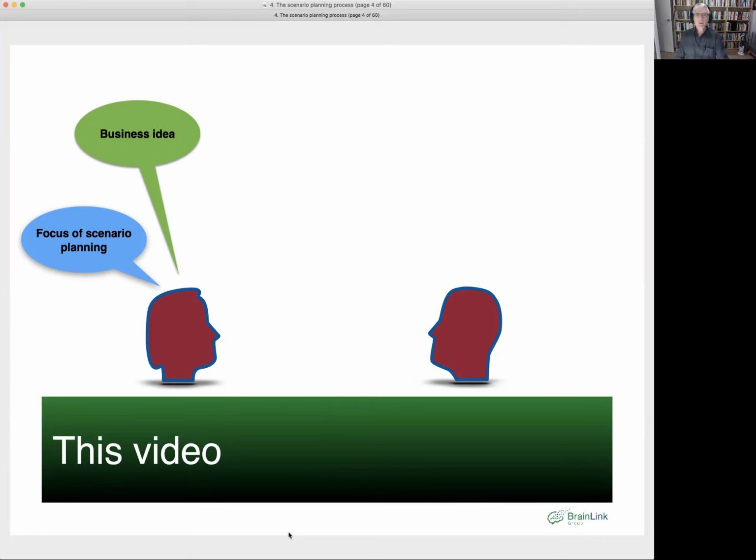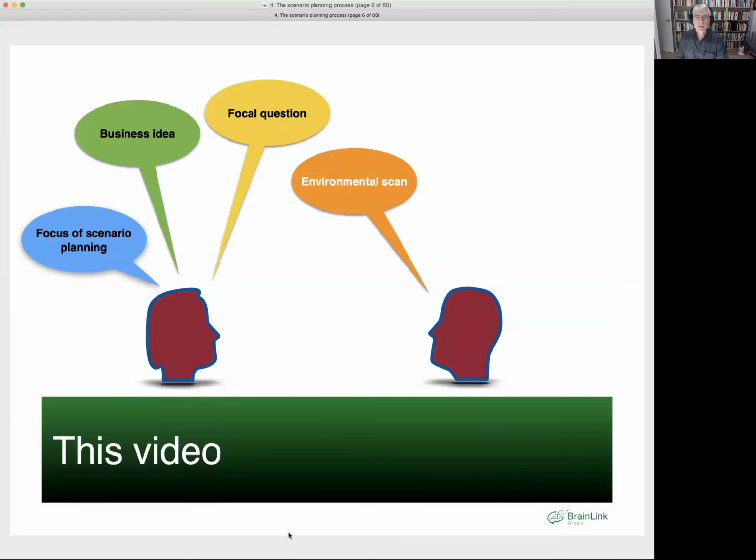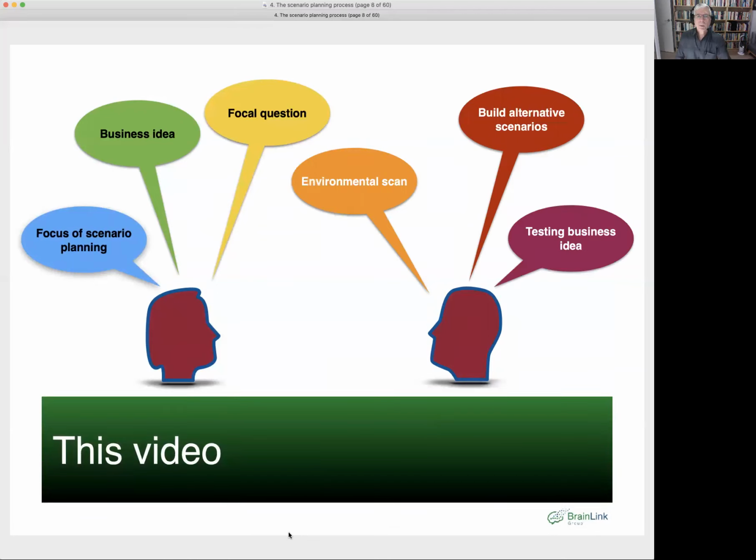The business idea is really the starting point of the process, indeed, of strategic planning. The focal question that really guides us in our environmental scan, the environmental scan itself, the process we go through to build the alternative scenarios, and then finally how we test the business idea.